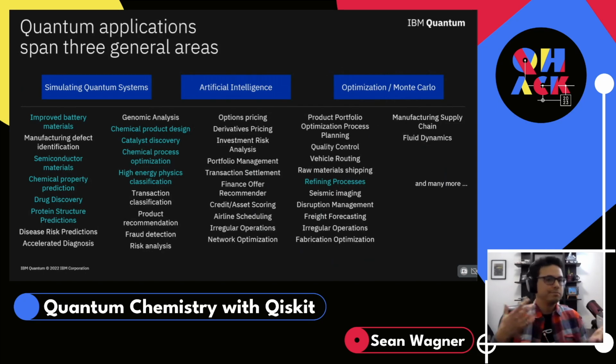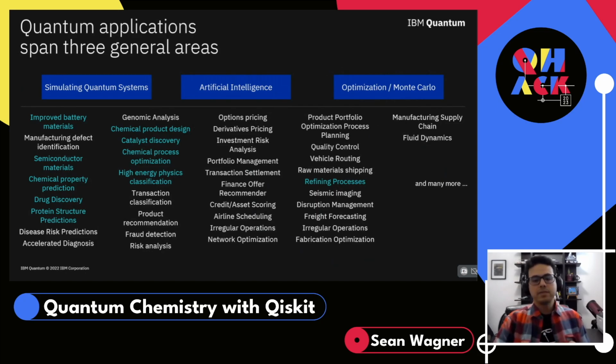Things like finding new improved battery technology, semiconductor materials for building next generation electronics, looking at building catalyst structures for doing things like carbon capture or optimizing certain chemical processes. So there's probably a lot more than what I have on this list here, but you can see that there are lots of potential use cases for using a quantum computer for quantum chemistry.